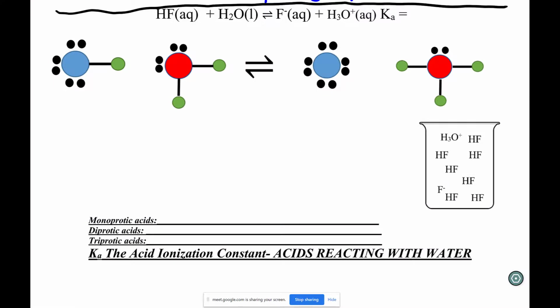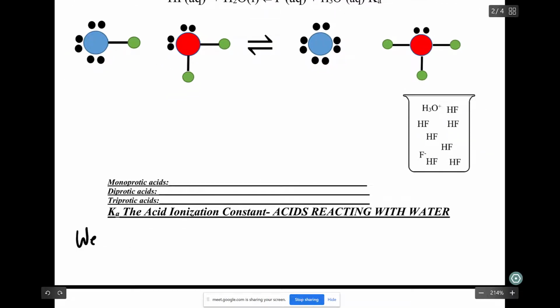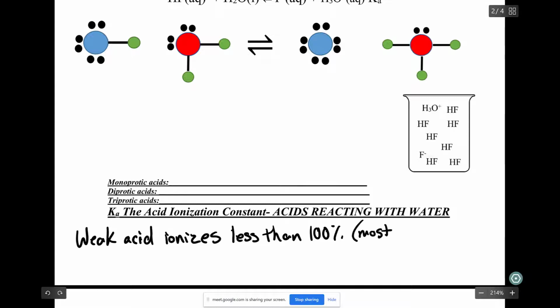Compared to strong acids, weak acids ionize less than 100%. So a weak acid ionizes less than 100%. And to be honest, realistically, most would react less than 5%.